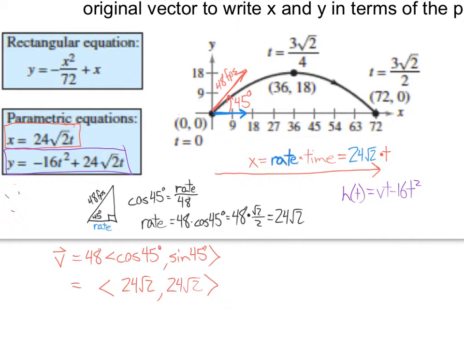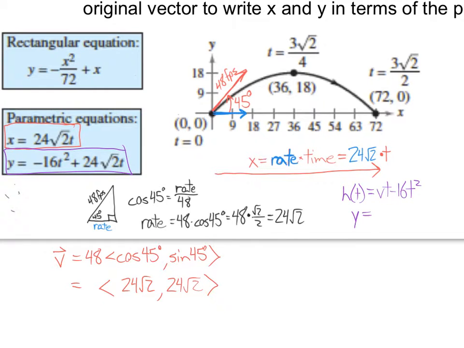Okay? They look vaguely familiar. You might also recognize it as vt minus 4.9t squared. That's if we're dealing with meters per second. The 16 is if we're in feet per second. Okay? Well, in this case, this is what we're going to actually use to represent y.